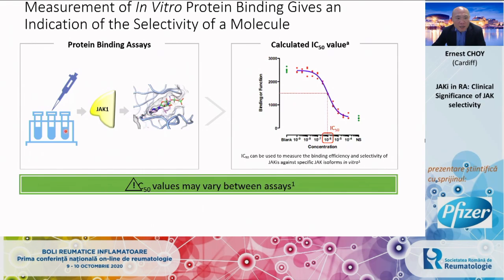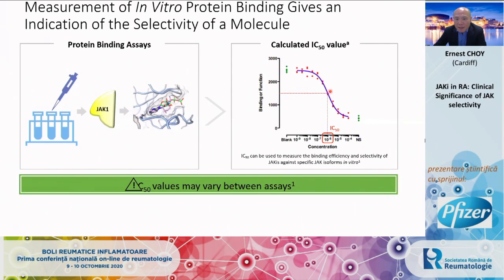The way that JAK selectivity is measured is based on usually taking blood samples from a healthy donor. You add in the JAK inhibitor, and you read out the production of cytokine or phosphoSTAT molecule to address the issue of how much of the inhibitor I need to add in order to reduce either the cytokine or phosphoSTAT by 50%.